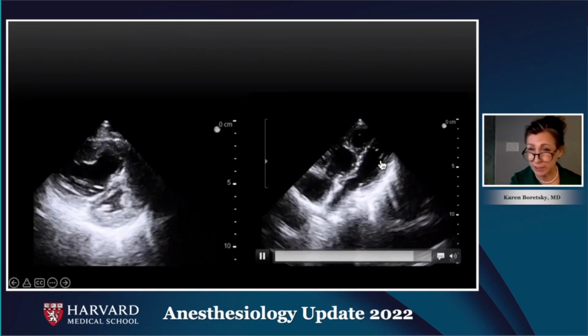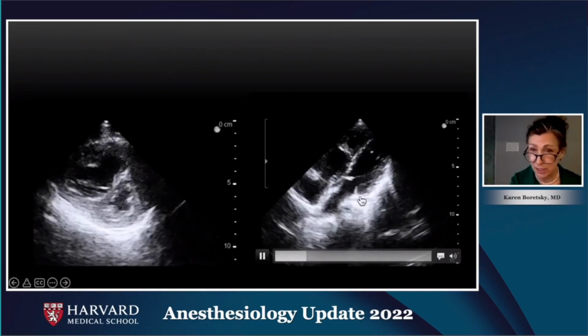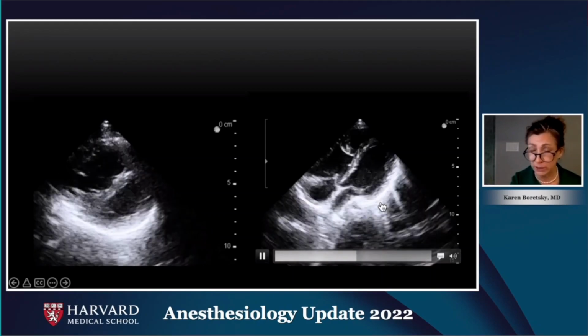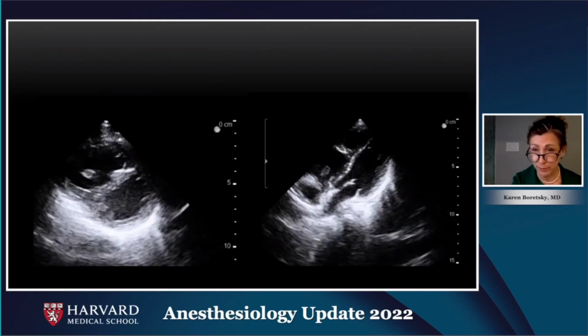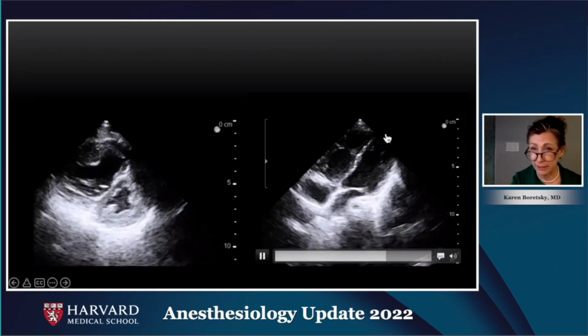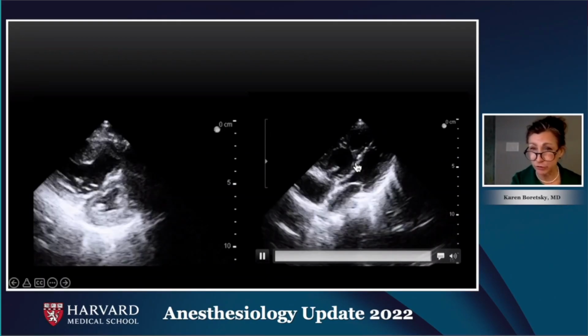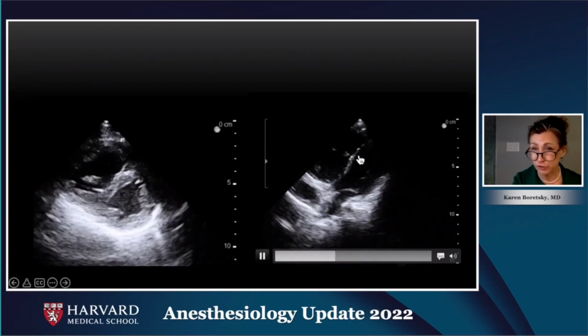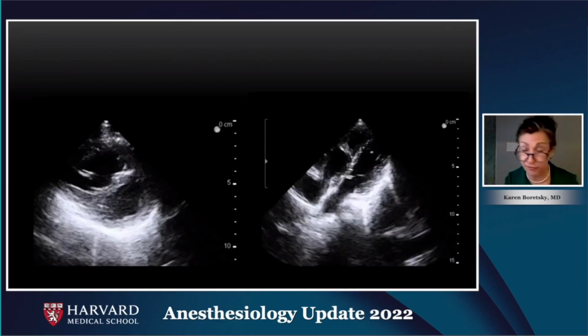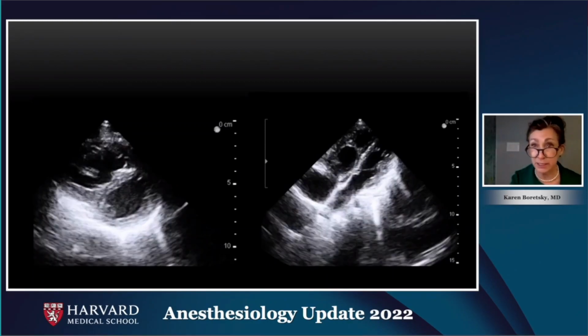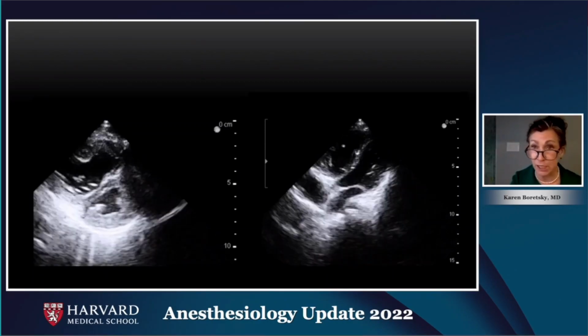You confirm that in the other view, in the parasternal four-chamber, you can see again a dilated right ventricle, and the interventricular septum is impinging over onto the left ventricle. In this case, we got out of Dodge.